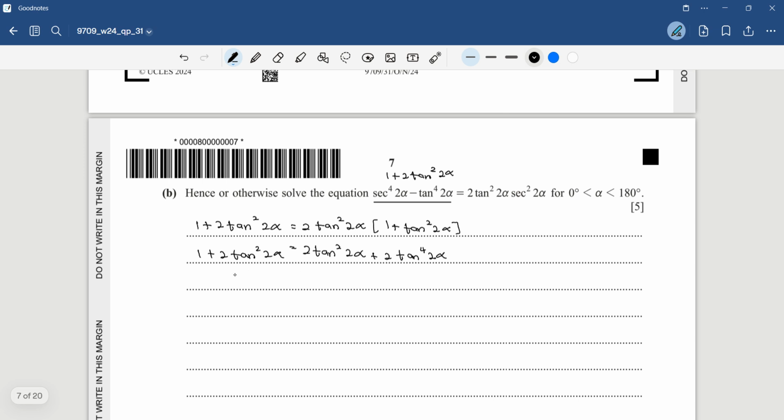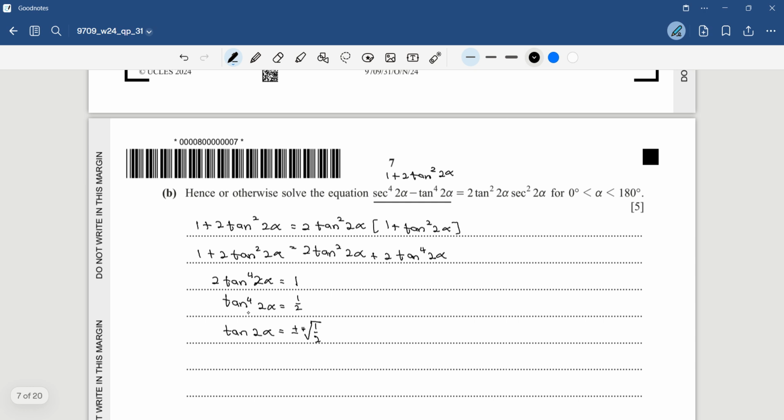When you rearrange, you'll get 2 tangent power of 4 2 alpha is equal to 1. Therefore, tangent power of 4 2 alpha equal to 1 over 2. The power of 4, when you bring to the other side, will be plus minus because it's an even power. So tangent 2 alpha is equal to plus minus the fourth root of 1 over 2.